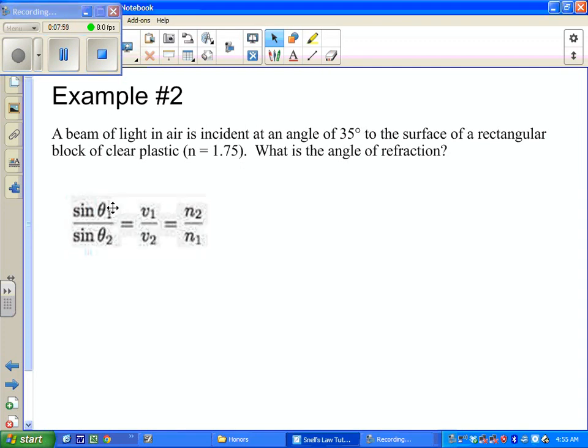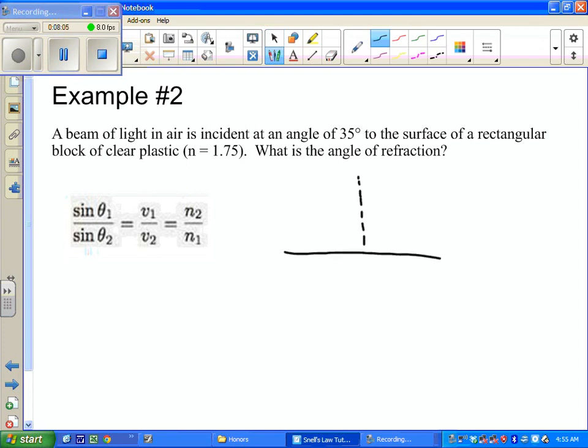Let's draw a picture. Like I said, pictures I think help. So we have our light wave coming in at an angle of 35 degrees. We're trying to find the angle of refraction again. So we're trying to find this. This is our theta 2, because once again, this is medium number 2 and medium number 1.